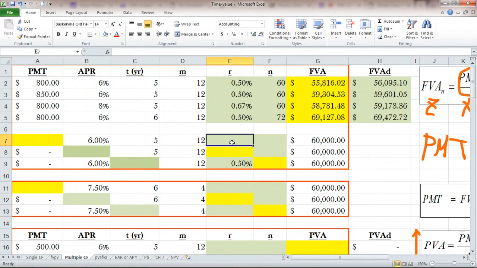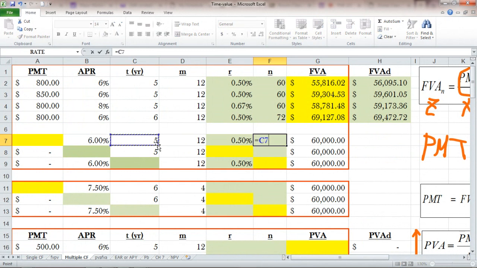Before we do that, we need the necessary intermediate inputs, which is periodic rate, which is APR divided by M, and then we know it's 60 months, but just to make it clear, 5 years times 12, there you go.